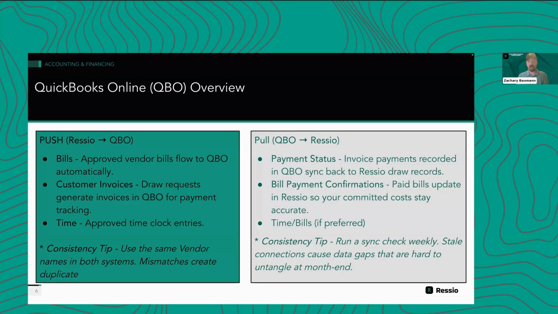It's very easy to do in Ressio with invoice from actuals, select the same bills, and they often attach a copy of that so it can be seen by their customers, since Adaptive, to my understanding, does not have a client portal. So you can either create those in Ressio and they will sync back over to Adaptive, or if you prefer to create them in Adaptive, you would just need to manually recreate them in Ressio if you want that information to appear in Ressio at this time. Great question, though.